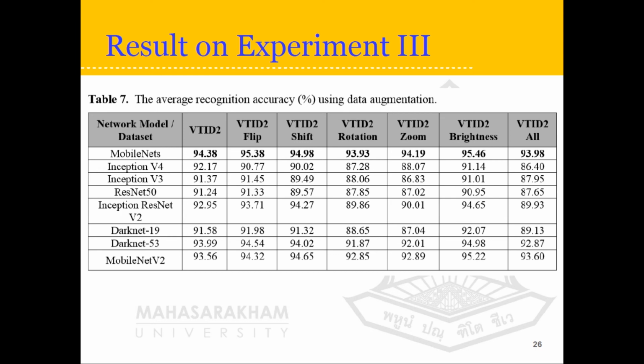Also, if we compare the accuracy of vehicle image recognition on VTAD1 and VTAD2, we found that when we have more data, the accuracy has increased. The accuracy on VTAD1 with MobileNet is 93.4%, but for VTAD2 it is 94.38%.